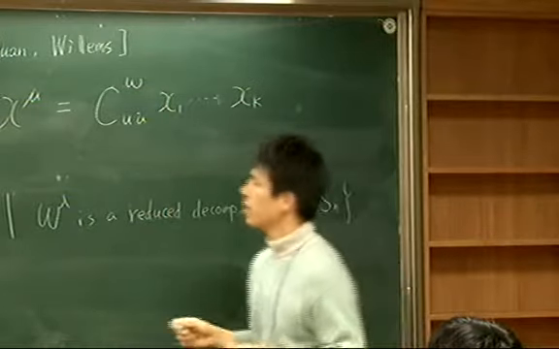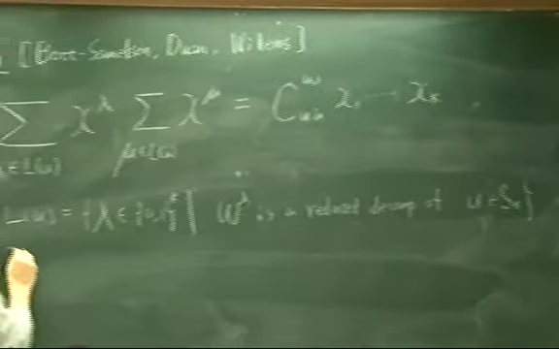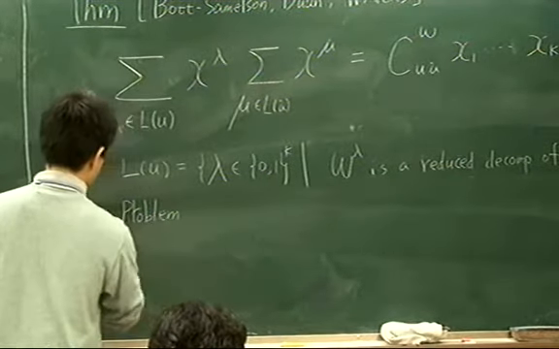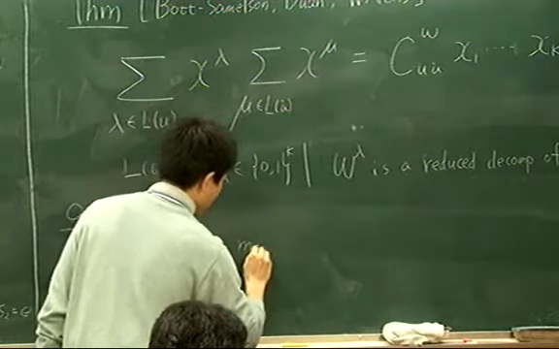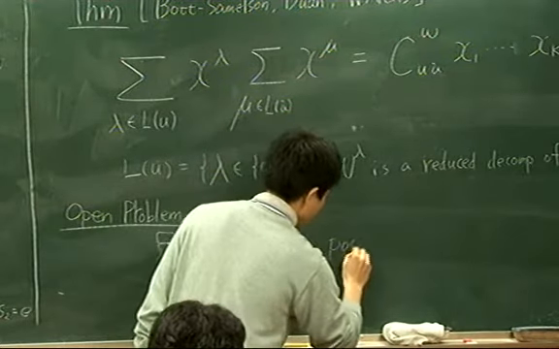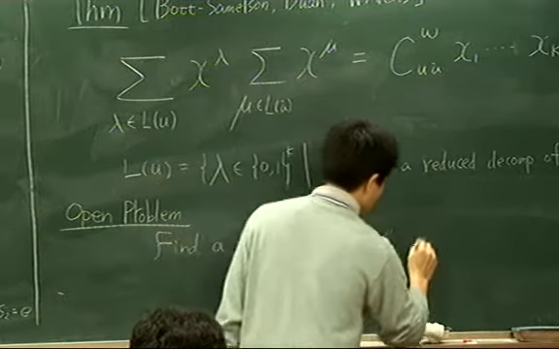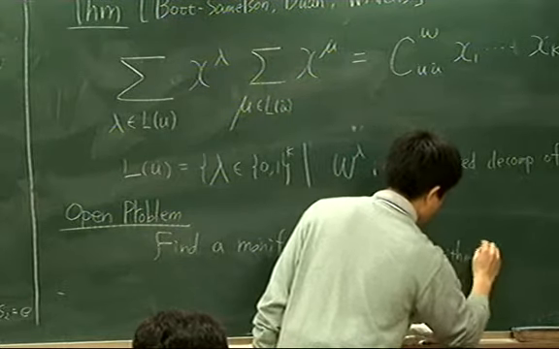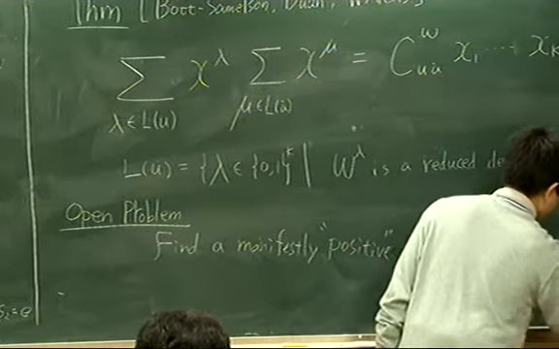So the second question is: find a manifestly positive way, an algorithm, to compute the left-hand side.